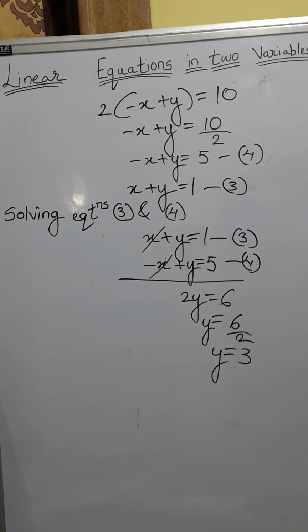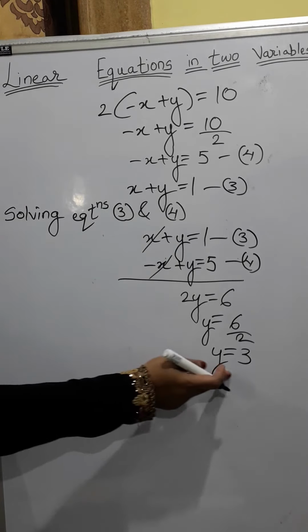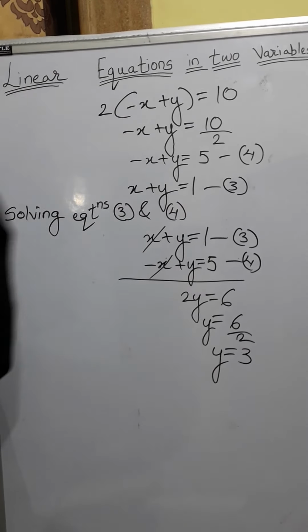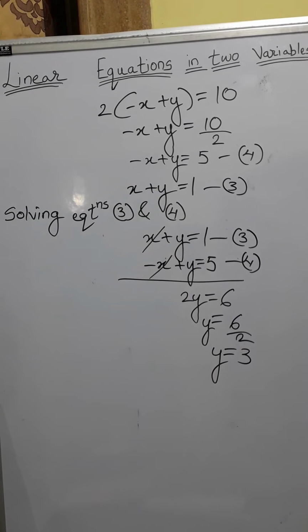Once we get any one value, we have to substitute it in any one of the equations, so that we will get the value of the other variable. Now you can substitute the value of y in any one of the equations, either equation number 1, 2, 3 or 4. Whichever will be easier for you, you have to substitute that. So now I'll substitute the value y is equal to 3 in equation 3, because that will be easier for the solution.